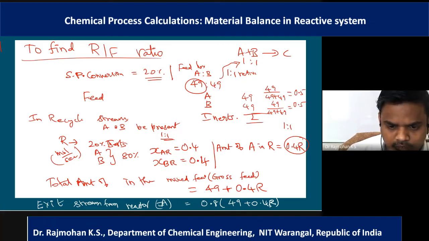This is because 20% gets reacted in the system, so the one leaving the reactor will have 80% of this value.